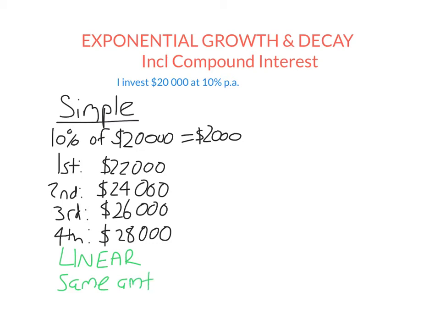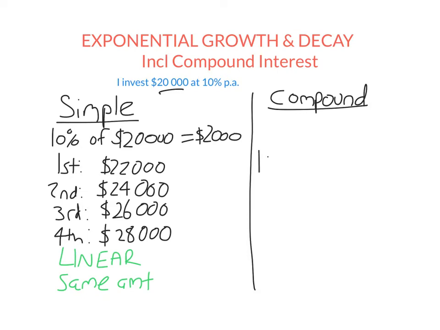Let's look now at what it would be with compound interest. So I guess it's called compound because not only do you earn a percentage of the principal in the interest, the principal being $20,000, what you start with, you don't earn just a percentage of that, you also earn a percentage of the interest you've already earned. So let's look at how compound interest would work. So 10% of 20,000 is 2,000.